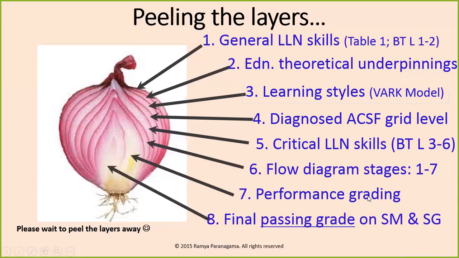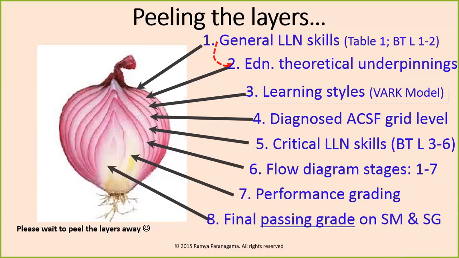And the last layer is the final passing grade on StudySmart or your administration system. You can start peeling all the layers now, getting to the final passing grade. It's a long journey. There's another presentation I have done, in which I put these layers upside down, starting in a different manner. That was uploaded to YouTube. I'll give you the link, but I find this makes more sense.